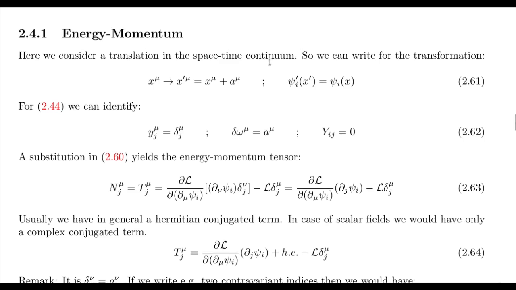And so we can write for the transformation, the old coordinates are now the new ones by addition of a vector, 4 vector, so we have a displacement in all the 4 coordinates. And yeah, this is an outer transformation in the space-time coordinates, and now inner transformation.